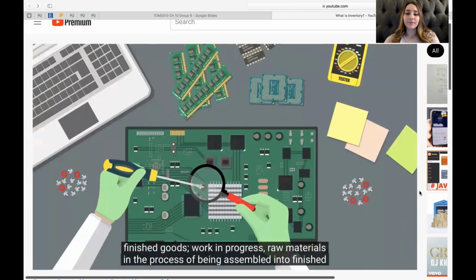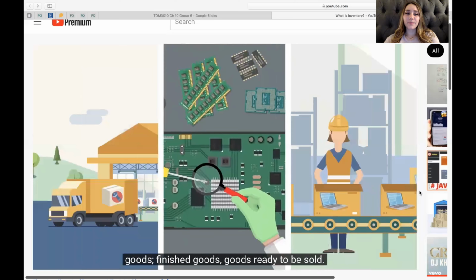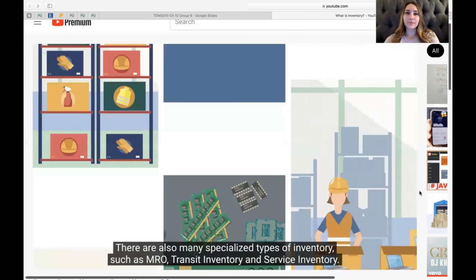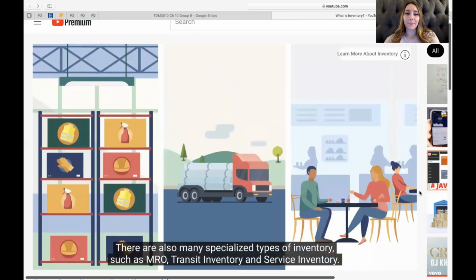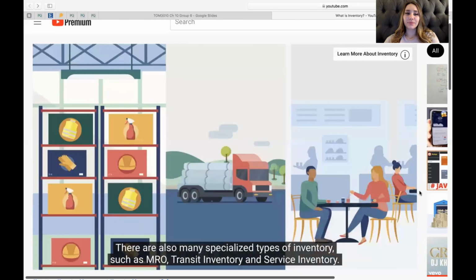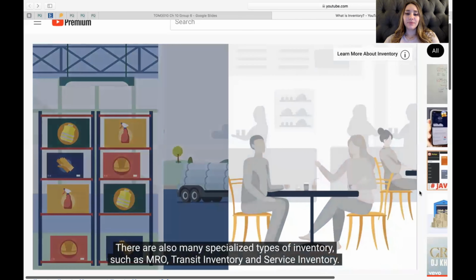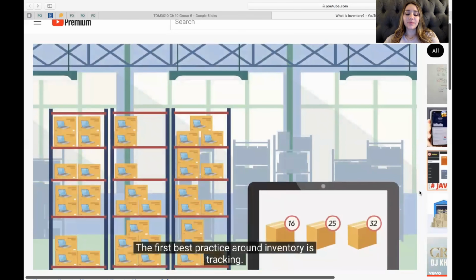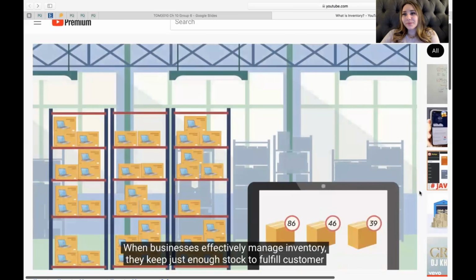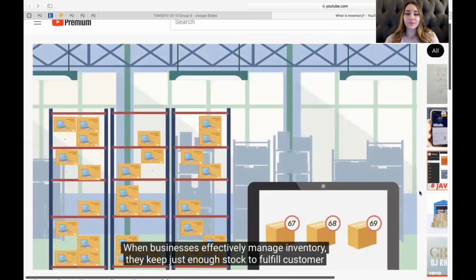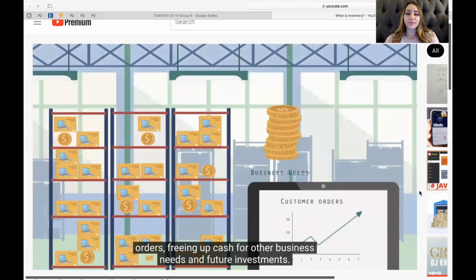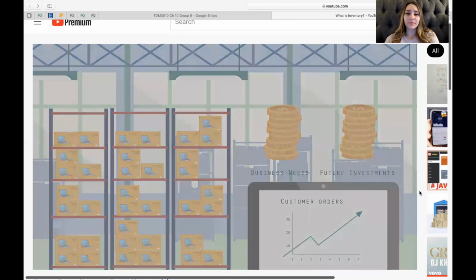Work in progress, raw materials in the process of being assembled into finished goods. Finished goods, goods ready to be sold. There are also many specialized types of inventory, such as MRO, transit inventory, and service inventory. The first best practice around inventory is tracking. When businesses effectively manage inventory, they keep just enough stock to fulfill customer orders, freeing up cash for other business needs and future investments.